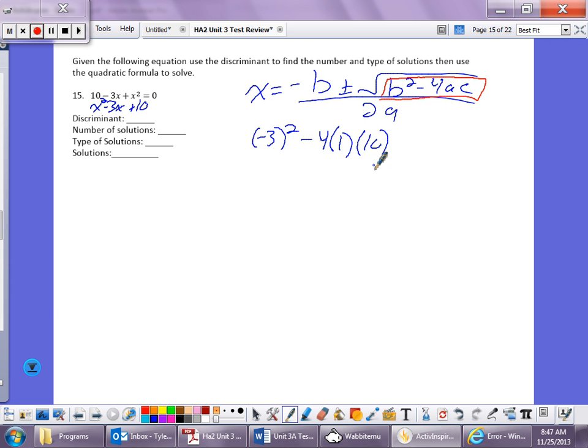So you'd get 9 minus 40, which equals negative 31. So that's your discriminant. So is negative 31 greater than 0, equal to 0, or less than 0? So what kind or how many solutions? Two. What kind? Imaginary.